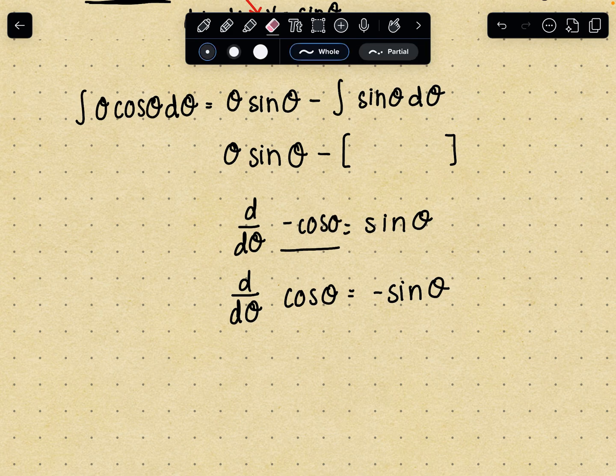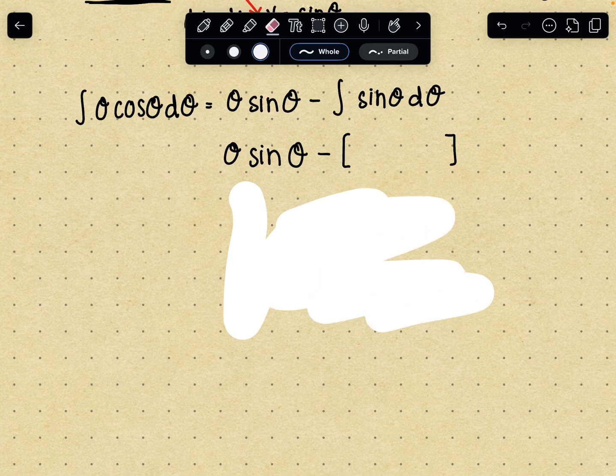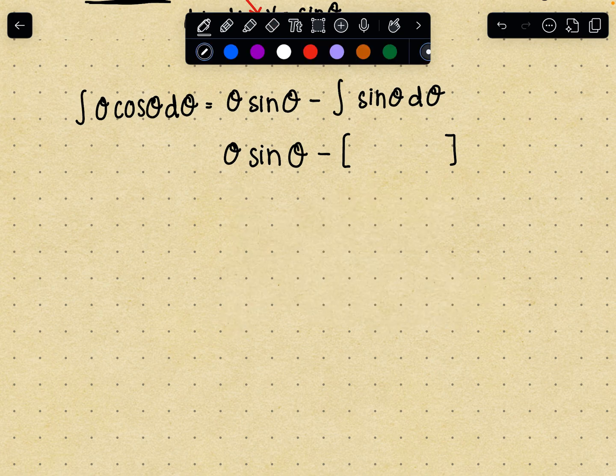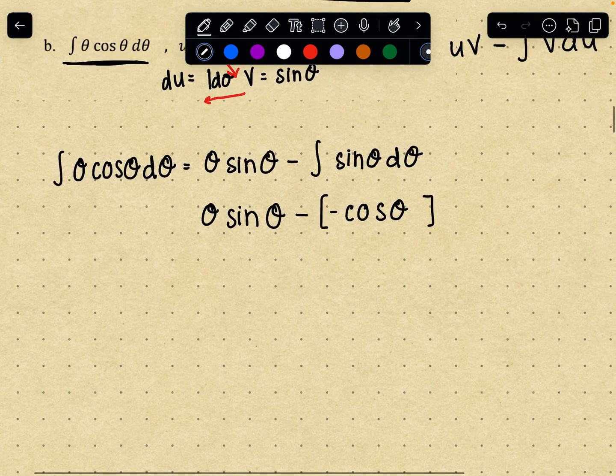Okay, so that's what we're going to put in this space right here. So we'll have negative cosine theta. Again, it's an indefinite integral, so I want to make sure I account for that plus c somewhere at least.